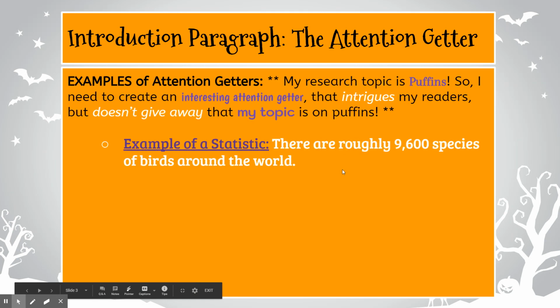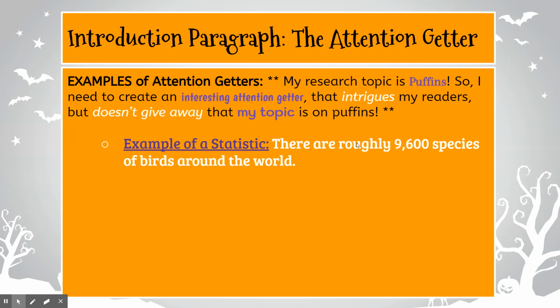So here are some different examples. I know my research topic is different than yours because yours is immigrant children today. However, my research topic is puffins, the sweet little adorable bird. So I need to create an interesting attention getter that intrigues my readers but doesn't give away my whole topic about puffins.